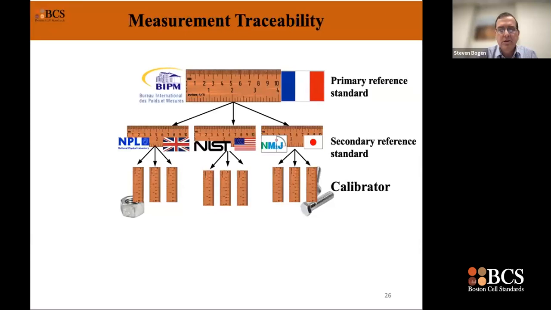Well, that in turn is checked against a primary standard at BIPM at the top, the Bureau of Weights and Measures in France, where the primary standard is kept. For many years, that primary standard was a platinum iridium bar, which was exactly 1 meter long. So then how do I know that the BIPM primary standard is accurate? We know because we all agree that that's what a meter is going to be.